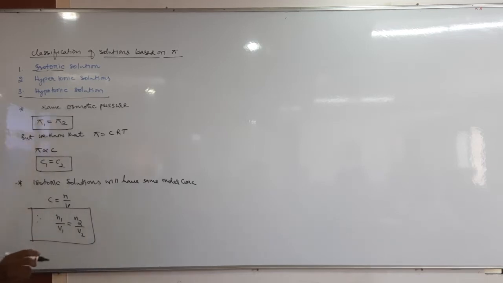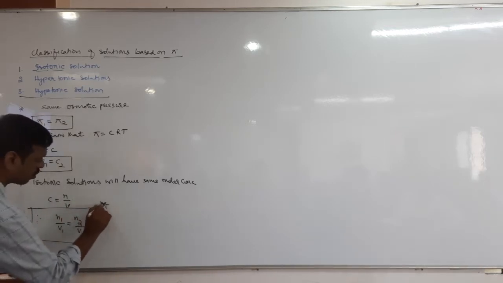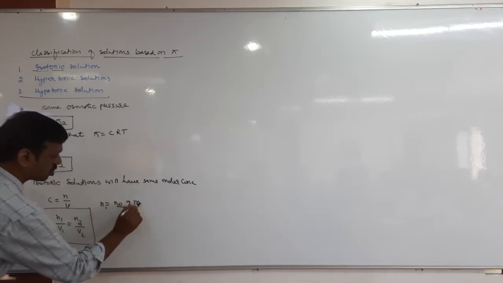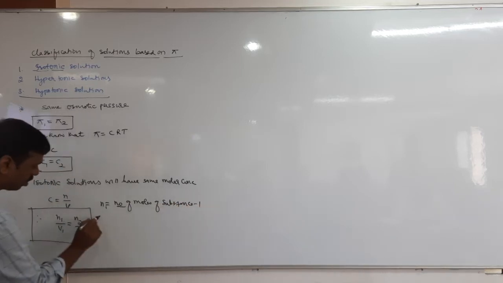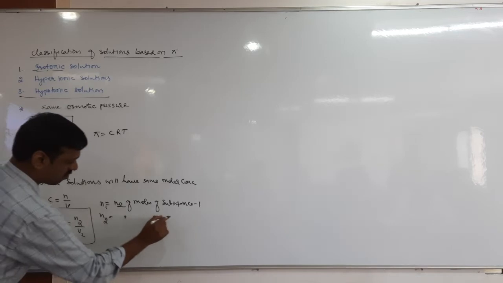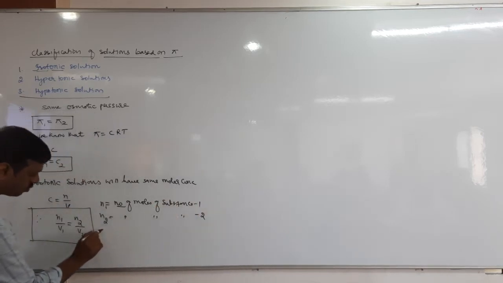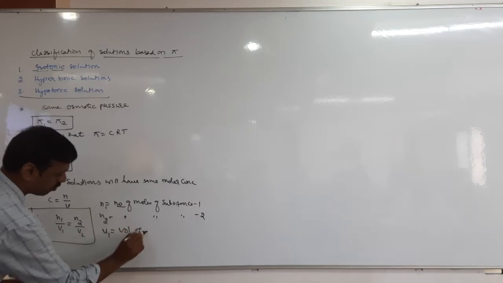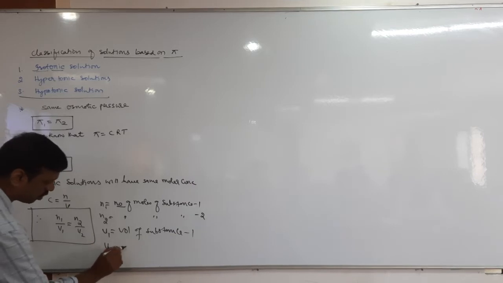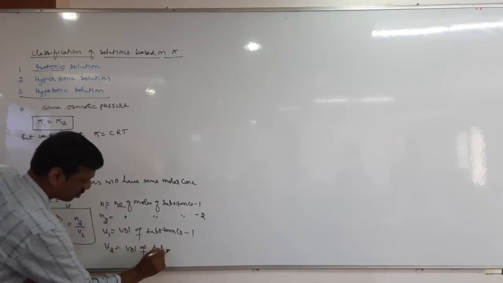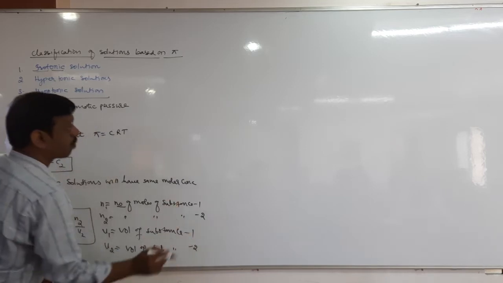Where n1 is the number of moles of substance 1, n2 is the number of moles of substance 2, V1 is the volume of substance 1, and V2 is the volume of substance 2.